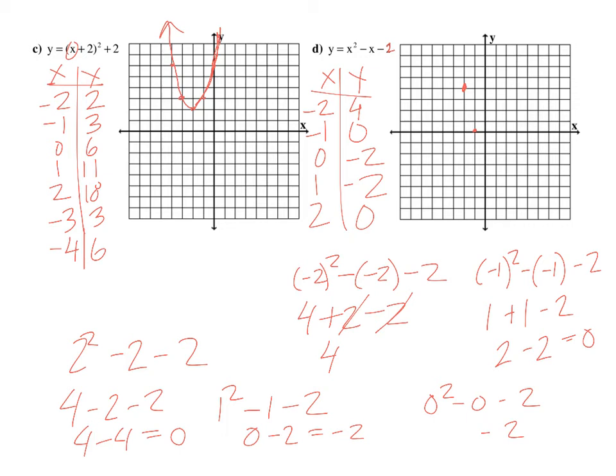Then at 0, I'm at negative 2. Then at 1, I'm at negative 2. And at 2, I'm at 0. So the parabola goes like this. There we go. So that's graphing parabolas, just using your t-chart, coming up with x values and figuring out the corresponding y values, and plotting your points, and you'll have your graph.